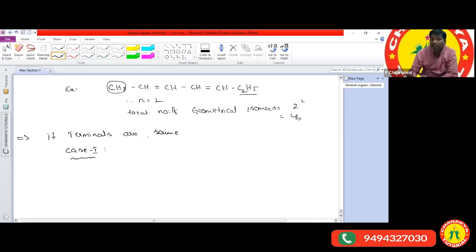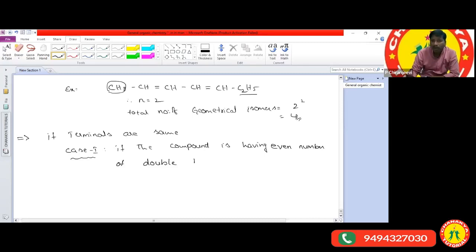The first case is: the terminals are the same, and the compound has an even number of double bonds.